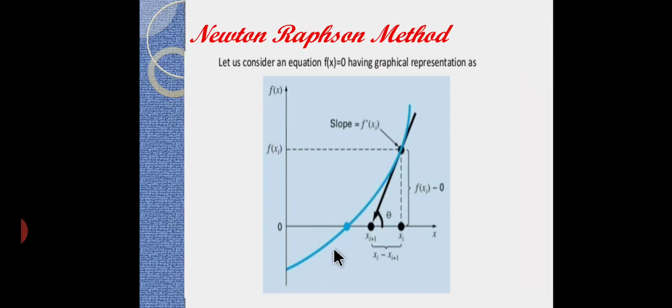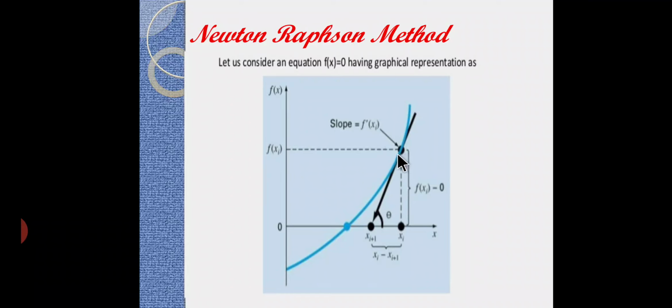We know that the tangent gives the slope of the curve. So the slope will be represented like f dash of x. We will use the equation of slope.